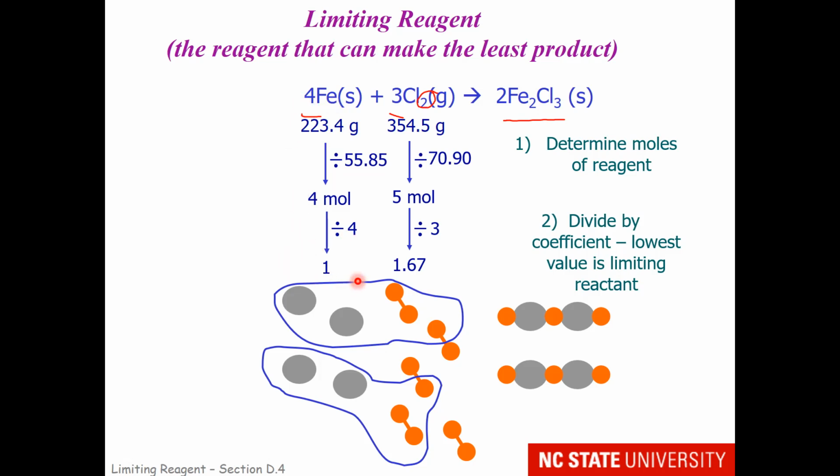This tells me I can run the reaction one time. I have 5 moles of Cl2, but my coefficient is 3. So 5 divided by 3 tells me I can run this reaction 1.67 times. So my limiting reactant is going to be the one which allows me to run the reaction the least, which means the iron.